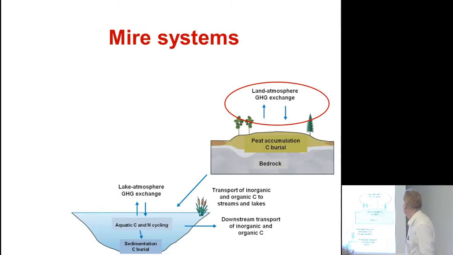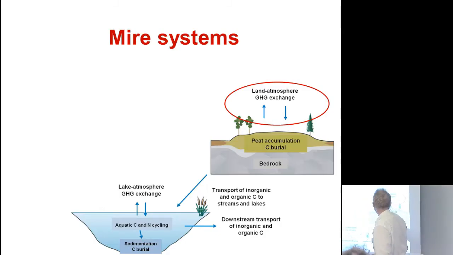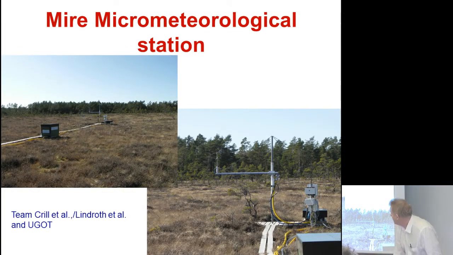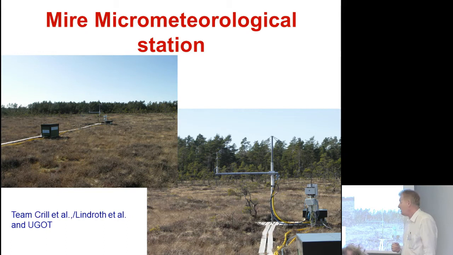And just to move upwards in this, we have the Mire system. And at this Mire system, we measure the exchange of the fluxes by micrometeorological techniques, like at the lake, but we also have manual chambers, and we look into how much organic matter is produced and in which form it is, how available it is for degradation, and how much is transported out.